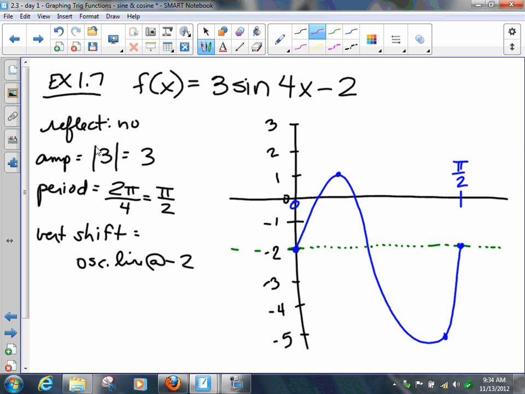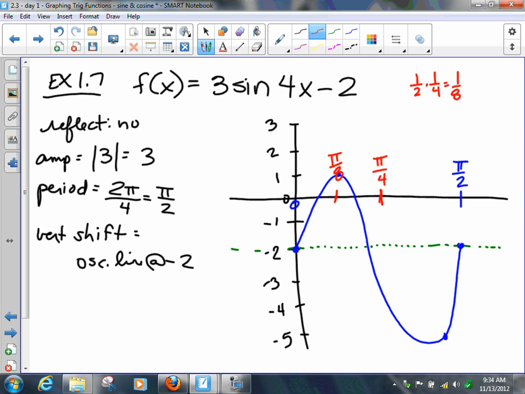Pi over 2. The middle value is going to be what? What's half of a half? Pi over 4. And what is half of a fourth? Okay, now, think about what I'm asking. What's half of 1/4? 1/8. Okay? So it's pi over 8.